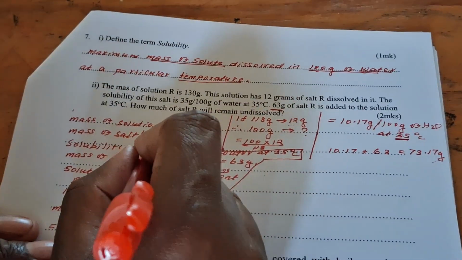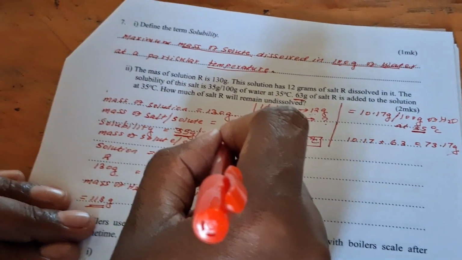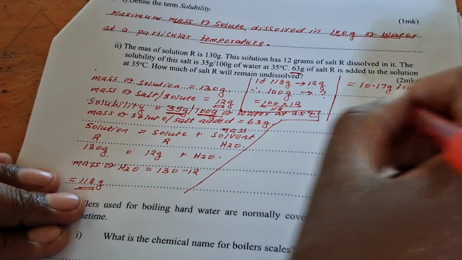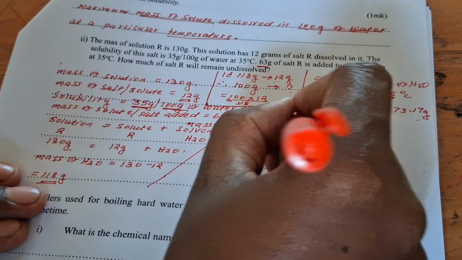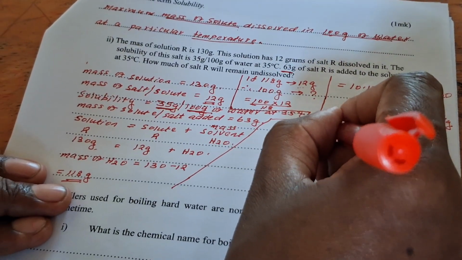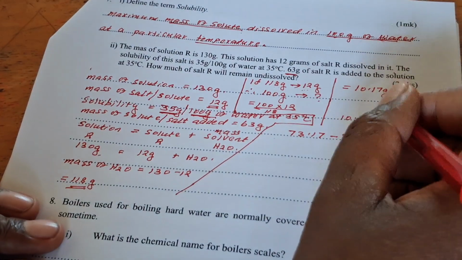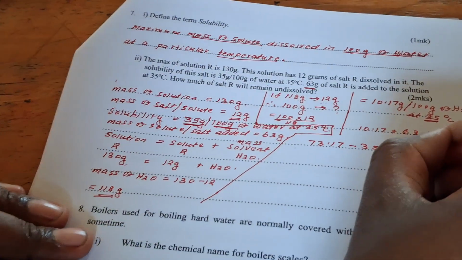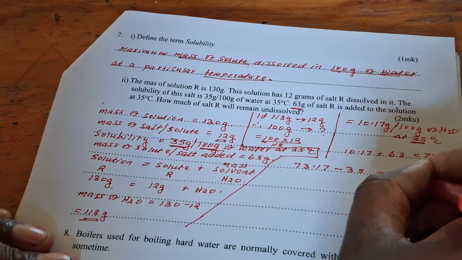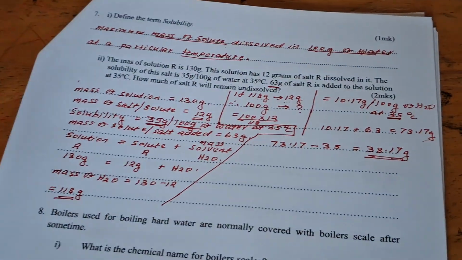Because solubility is 35 grams per 100 grams of water. So we'll subtract that which has dissolved, which is 35 grams, from 73.17. Now the mass that has remained undissolved is 38.17 grams. Let us meet in our next video.